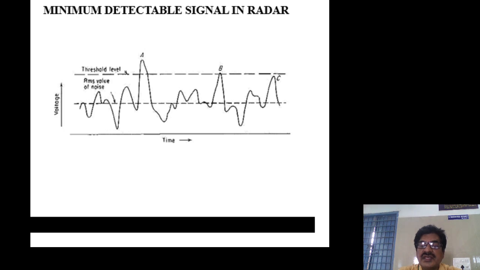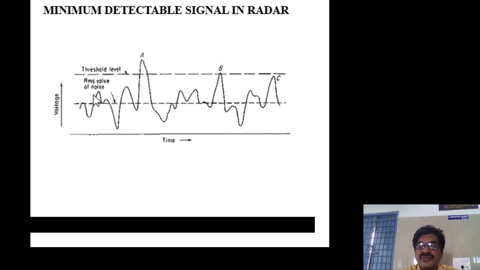Here is the A-scope display, like the envelope of the received signal. It shows different peaks with reference to targets and also with reference to noise. If you observe the envelope, many peaks are there.